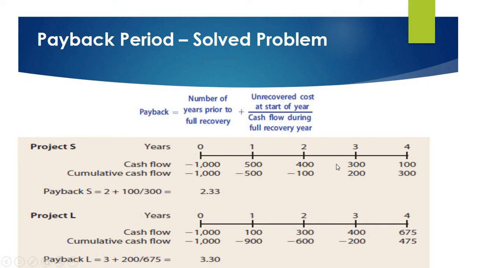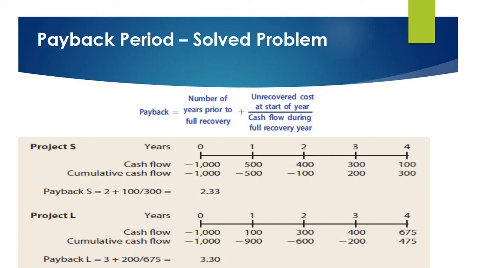Now, assume that the maximum acceptable payback period for both projects is 3 years. In this case, Project S will be accepted because this project's payback period is less than 3 years. But Project L will be rejected because this project's payback period is more than 3 years.